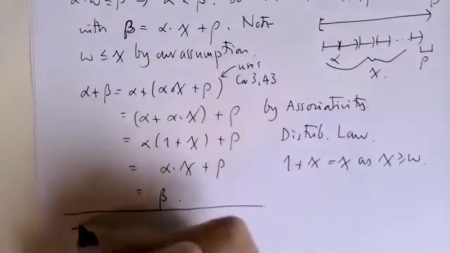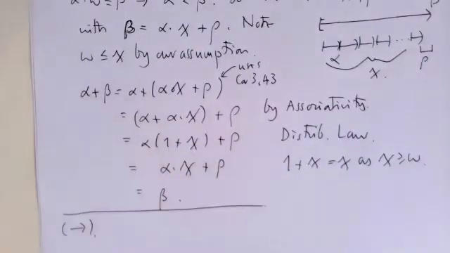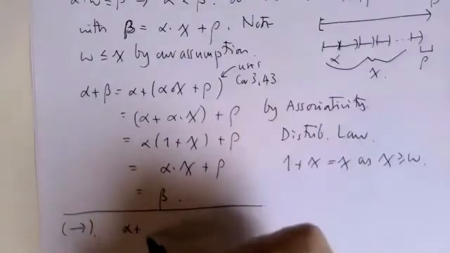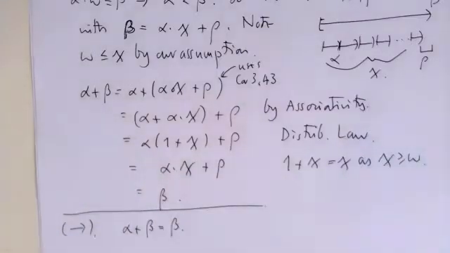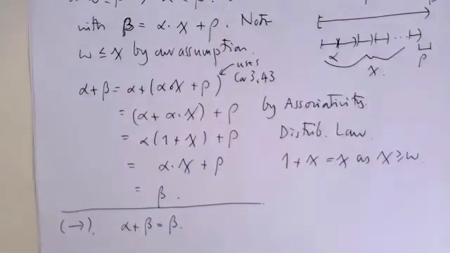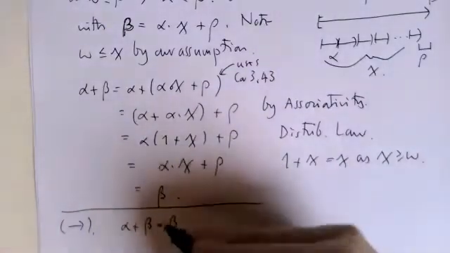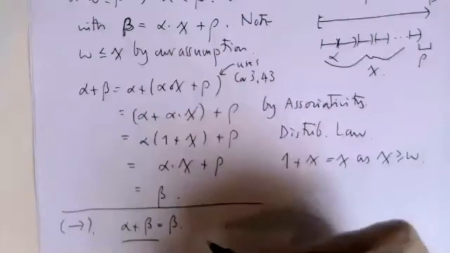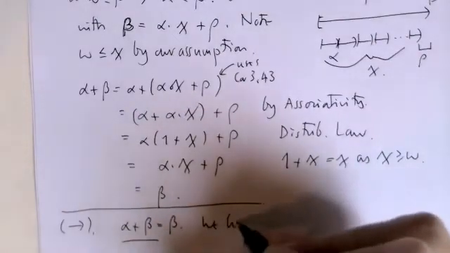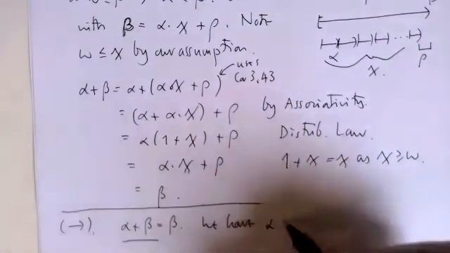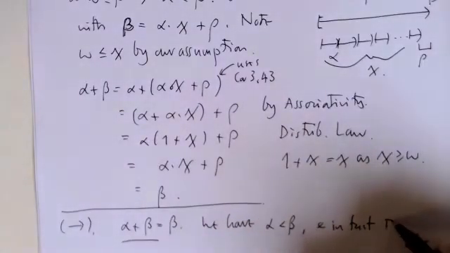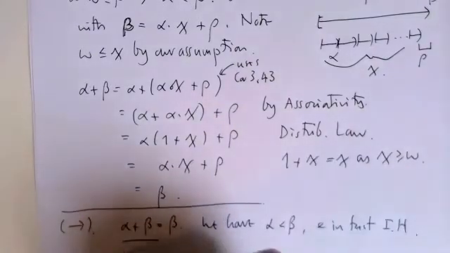So if we go back to the first part again, with alpha plus beta equals beta, so we have alpha is less than beta, and in fact, as an inductive hypothesis, alpha times k is less than or equal to beta.